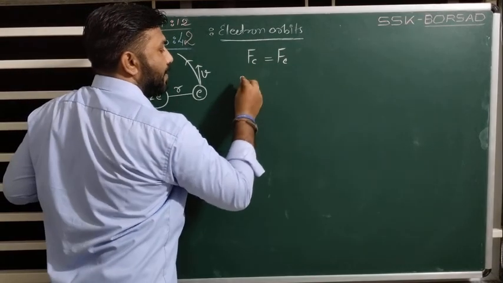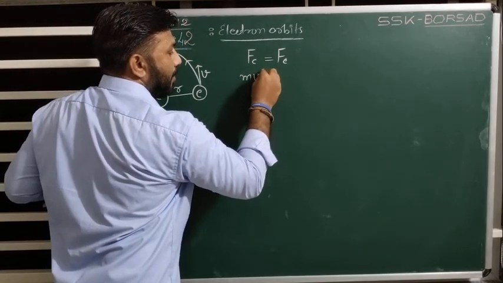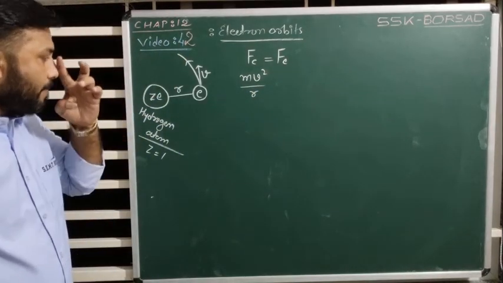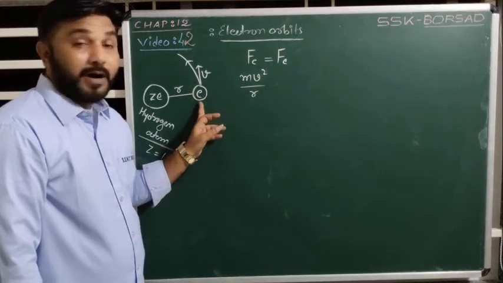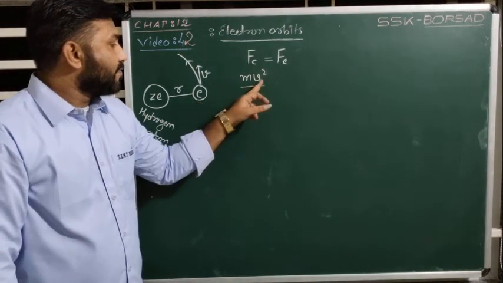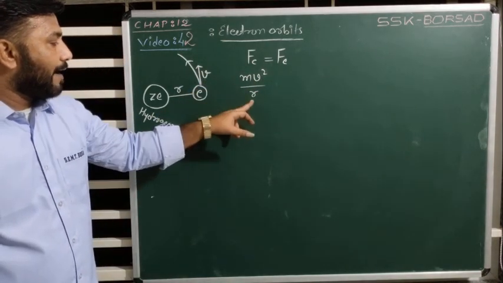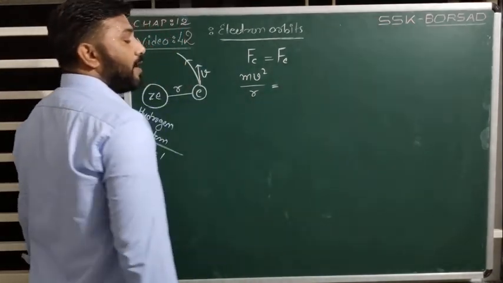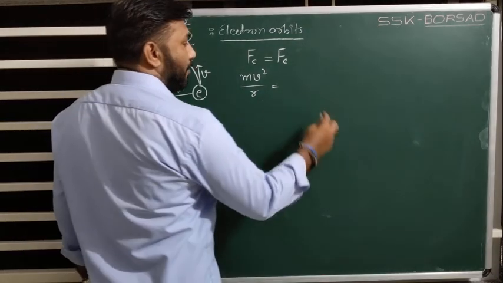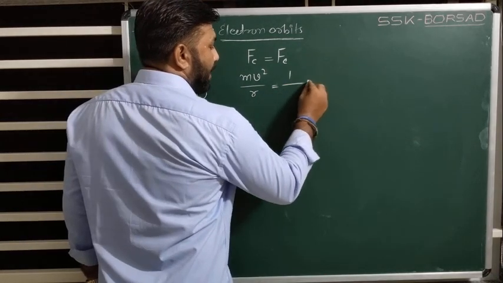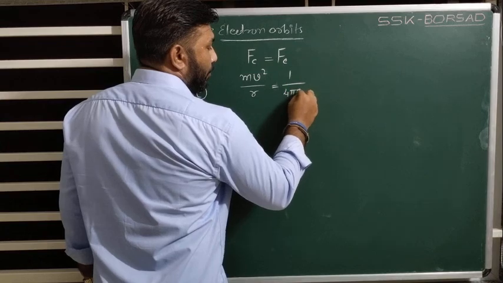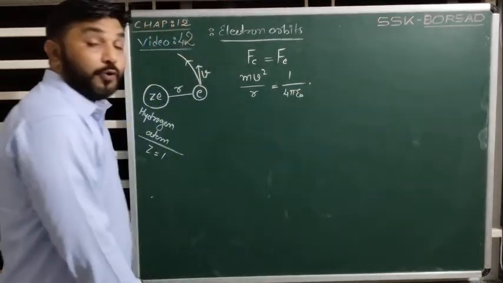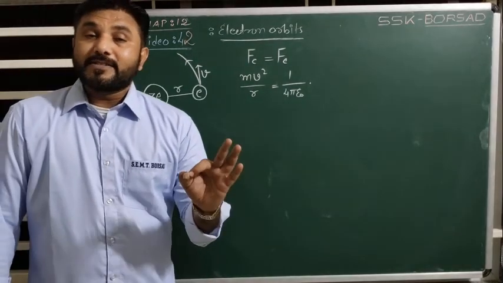We know that centripetal force is nothing but mv square by r. What is m? m is the mass of the electron. What is v? Velocity of the electron. And r is the radius. This is equal to the Coulombian force, where we know k, the value of k, is 1 upon 4 pi epsilon 0, multiplied by q1 q2. q1 q2 are the charges.